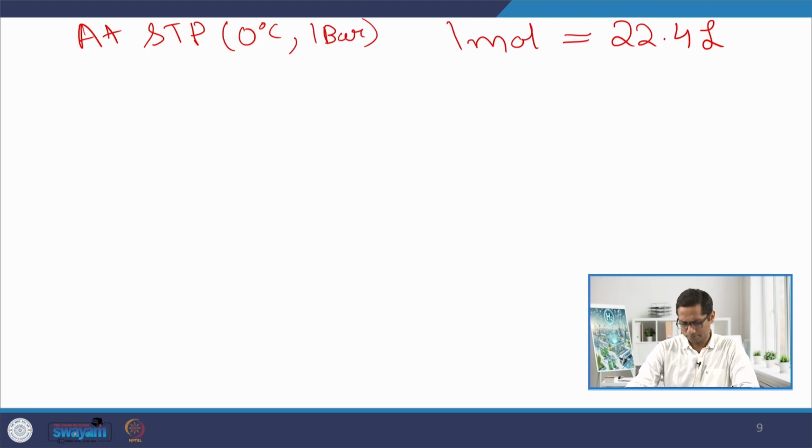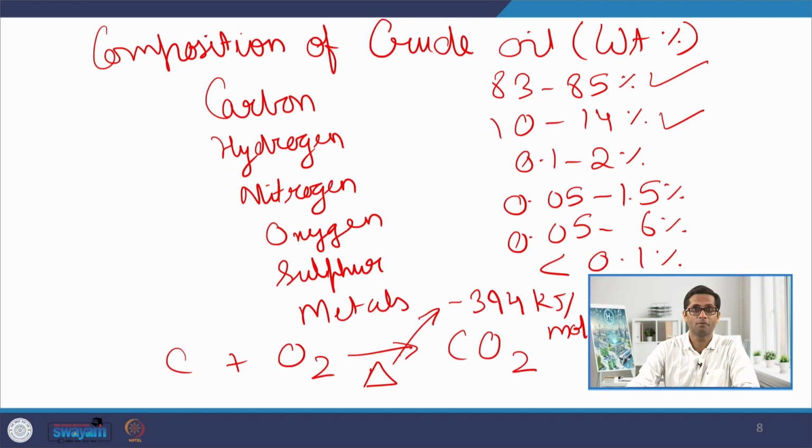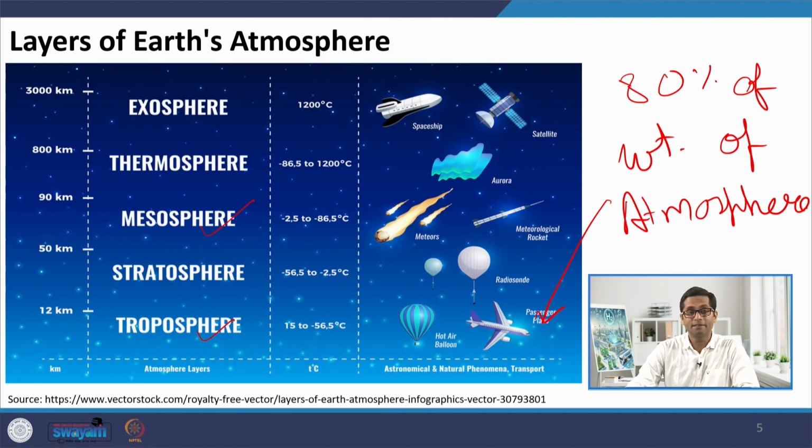But if we consider the Earth's atmosphere, I'll go back to the slides. You can also have a look at the temperature ranges. As we rise up in height, the temperature is going to reduce. As in the case of the troposphere, which is the sphere of concern in our case, the temperature goes as low as minus 56 degrees Celsius. That starts from nearly room temperature and then reduces as we increase the height. And if I consider STP to be applicable to the whole of the troposphere, I might not be doing much of an exaggeration.